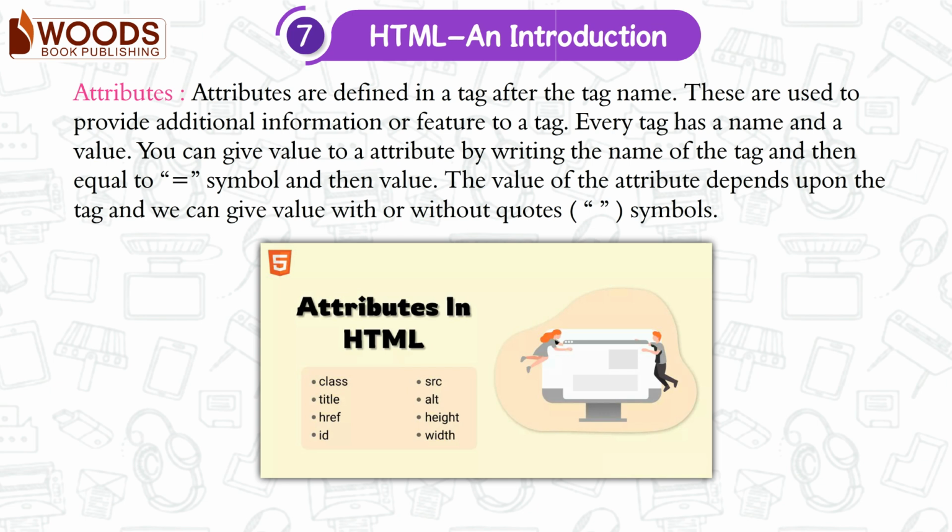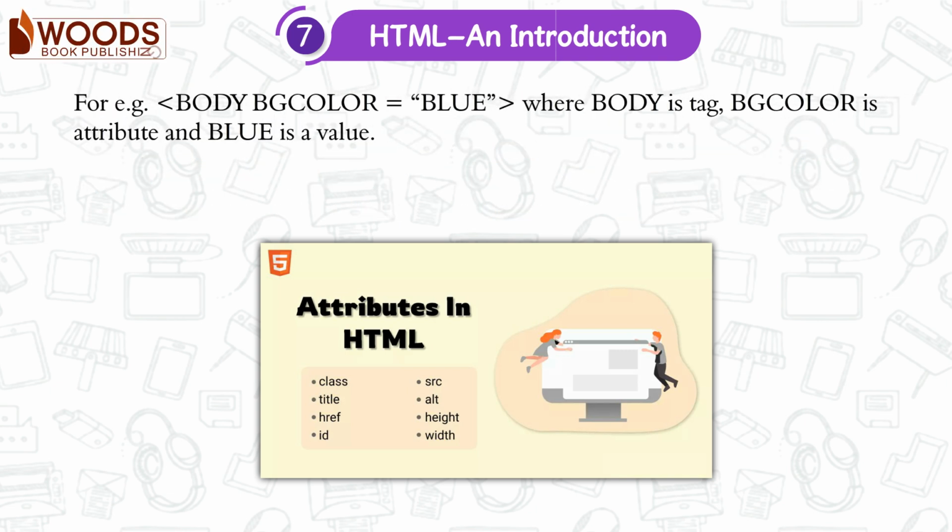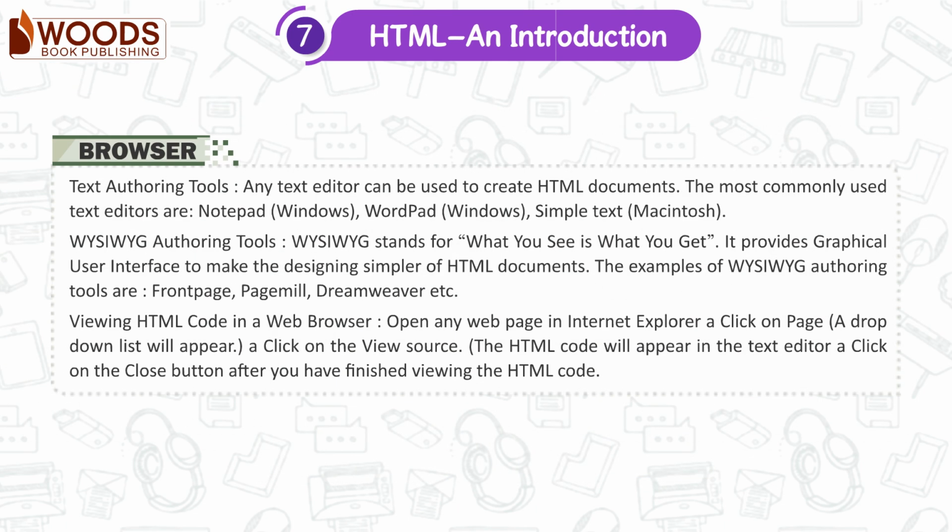The value of the attribute depends upon the tag, and we can give the value with or without quotes. For example, <body bgcolor="blue">, where body is the tag, bgcolor is the attribute, and blue is the value.